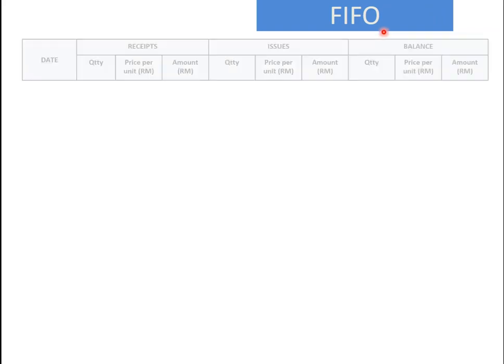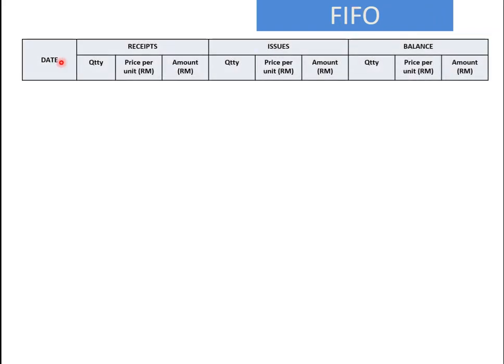Okay, first we record based on the FIFO method. We must provide this column, which is date, receipt column with quantity, price per unit, and amount, then for each issue, and finally the balance column.